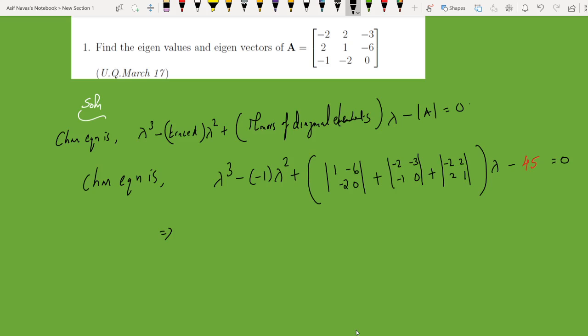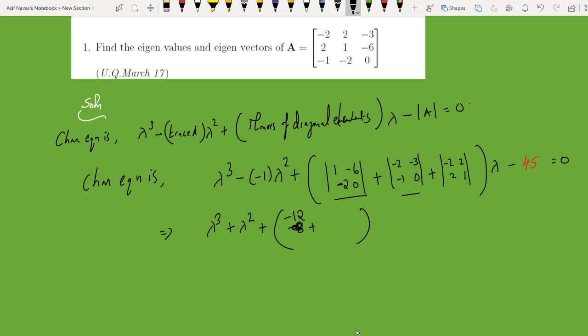Which implies lambda cube plus lambda square plus, now what is this determinant? 0 minus 12, so minus 12.